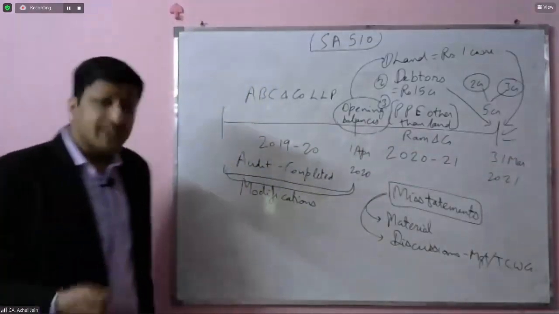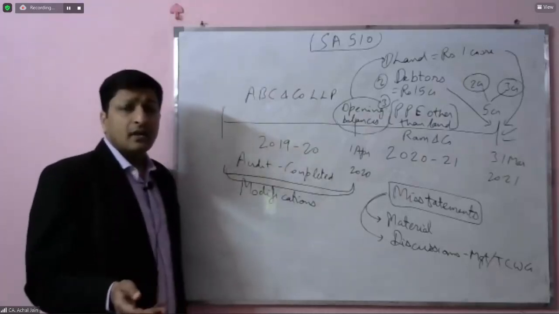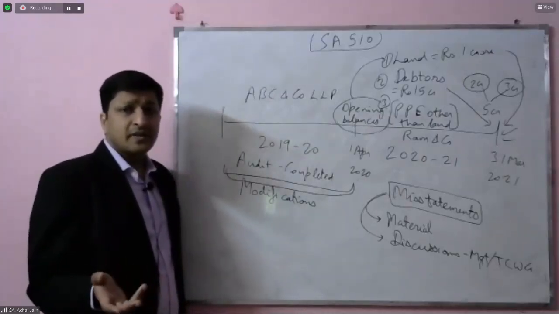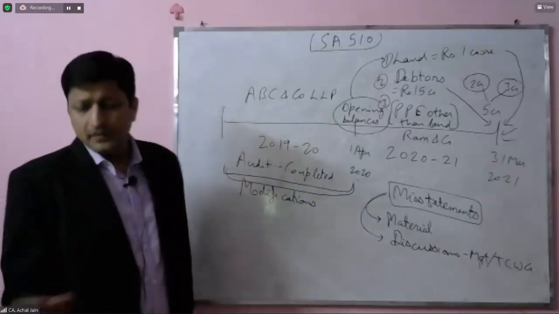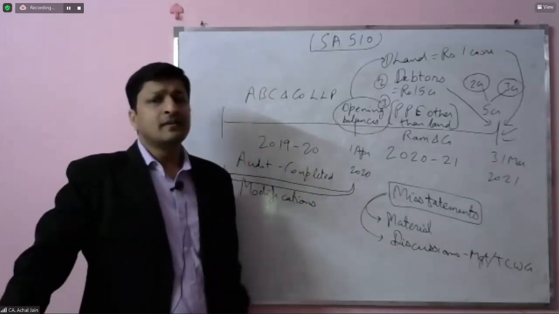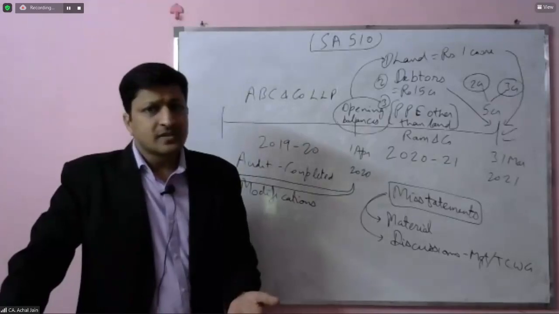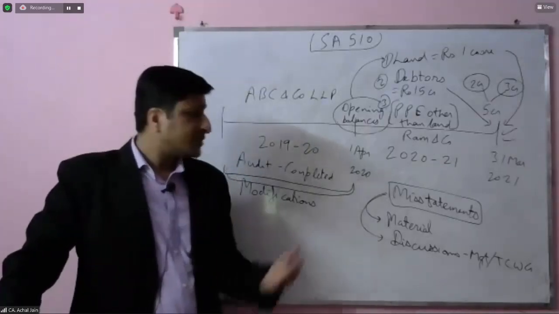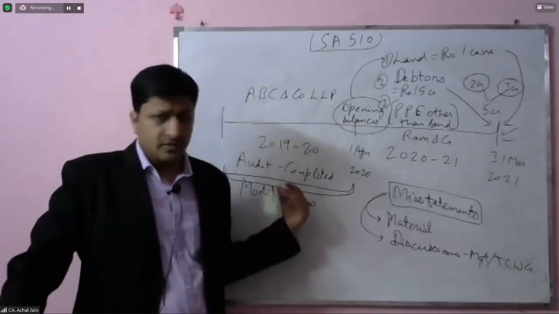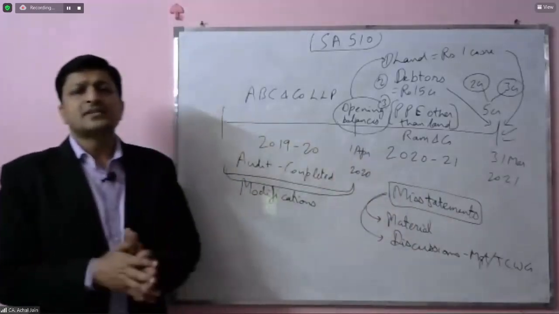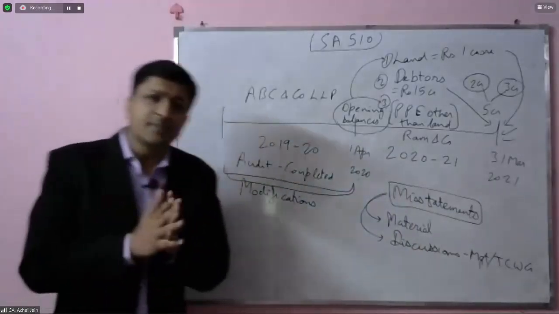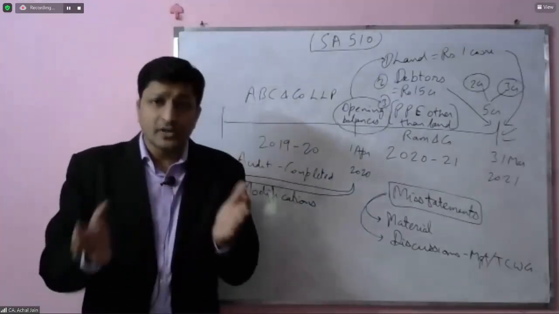And what's the basis of checking whether the misstatement is material or not? It's the same thing, materiality. And this materiality would again be required to be assessed by the new auditor. This will not be the materiality of the previous auditor. It's all independent. So in a way, we are saying that it's a completely independent assessment which the new auditor is doing.